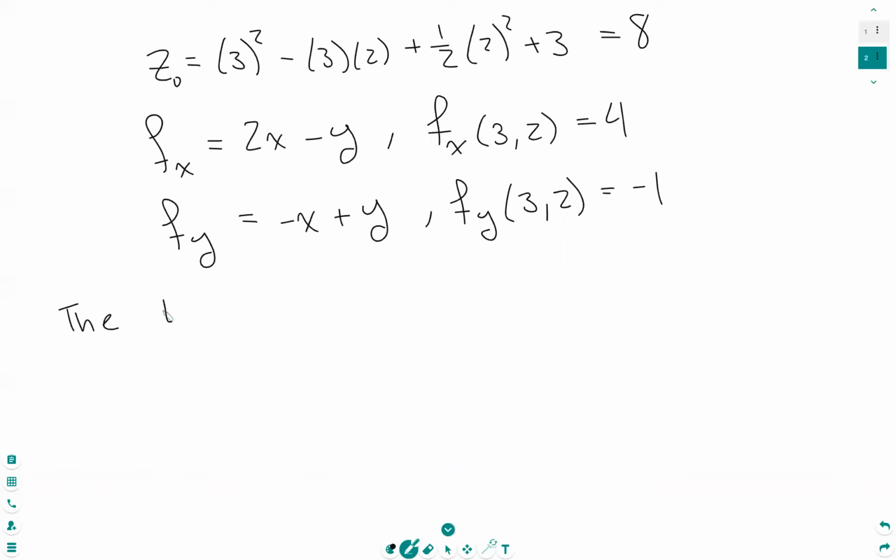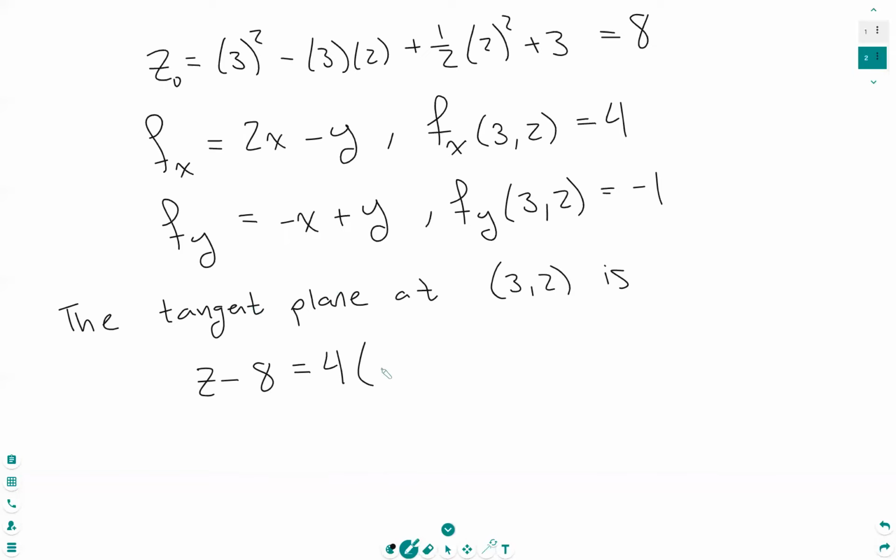So the tangent plane at 3, 2 is then z minus 8 is equal to 4 times x minus 3.